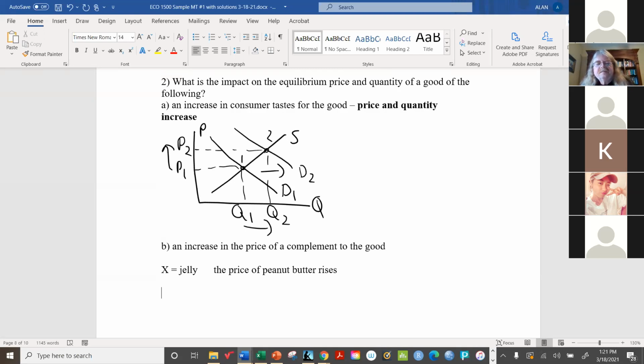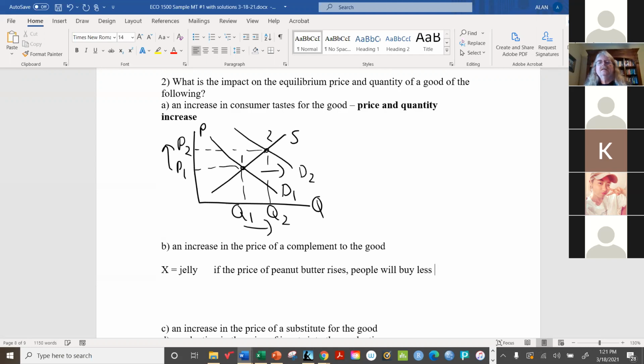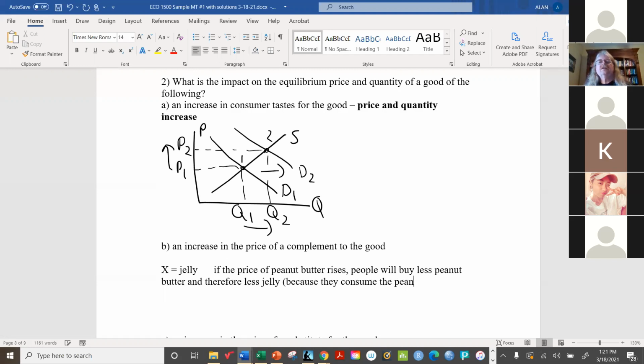Yes, they do. So if the price of peanut butter rises, what will happen? People will buy less peanut butter and therefore less jelly because they consume the peanut butter and jelly as a single unit.